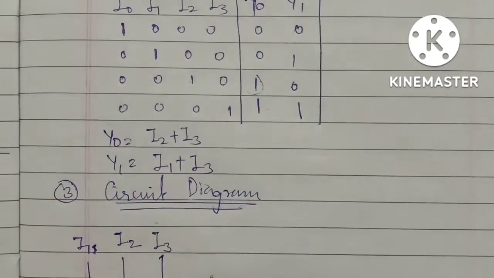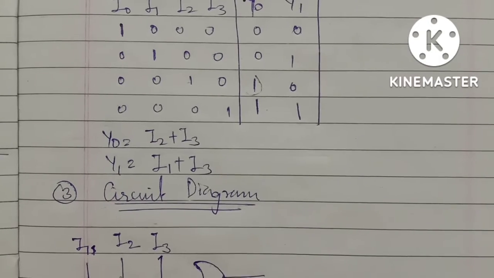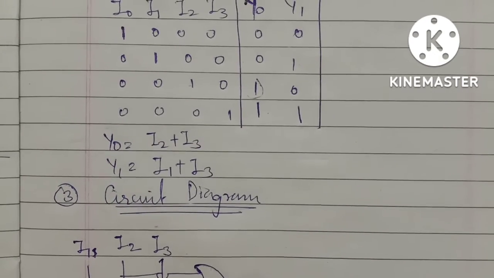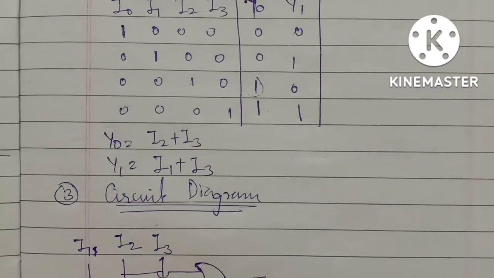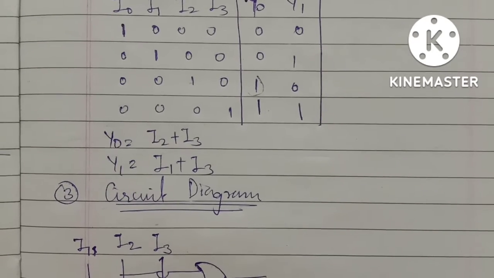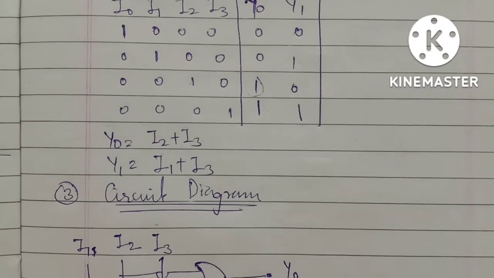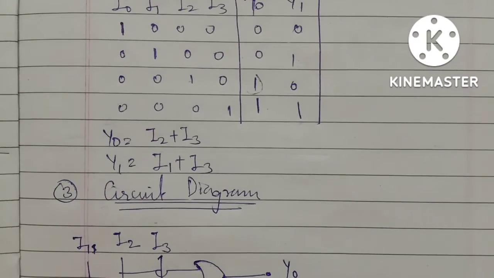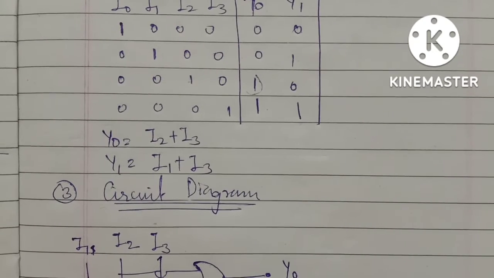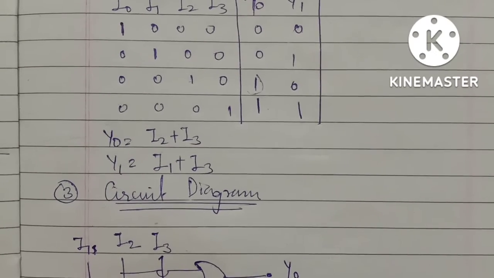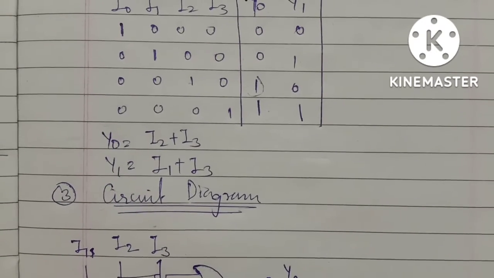So an OR gate is required for I2 plus I3, and this is your y0. And for y1, which gate? y1 is I1 plus I3. This is the way you can draw it.